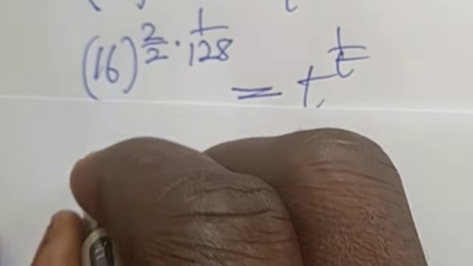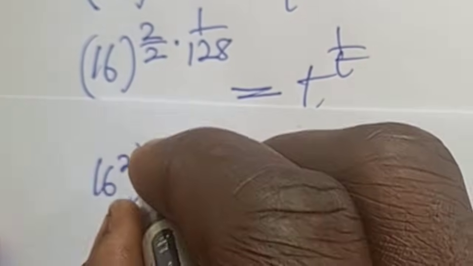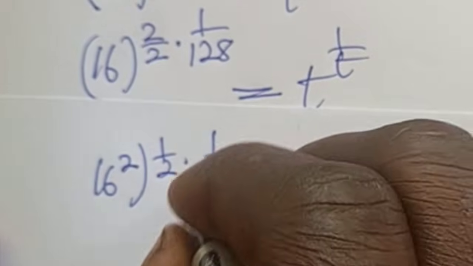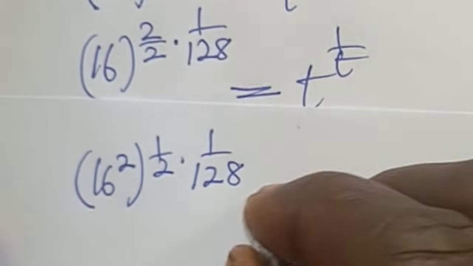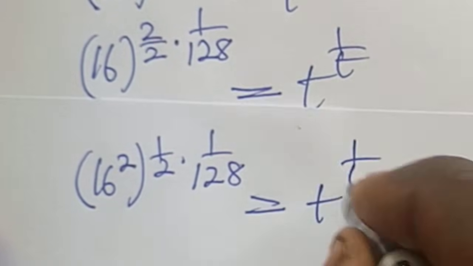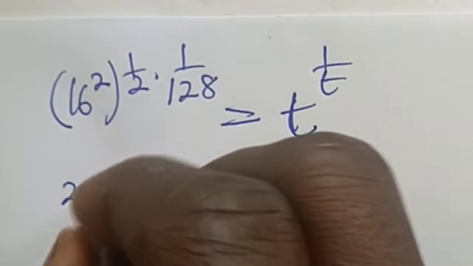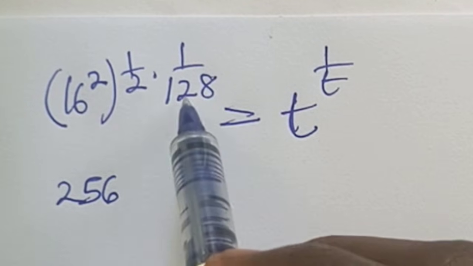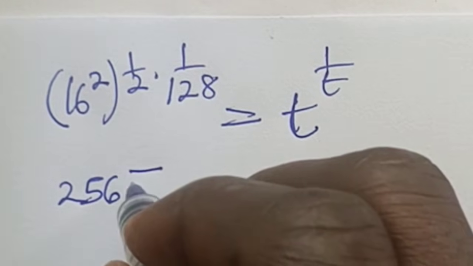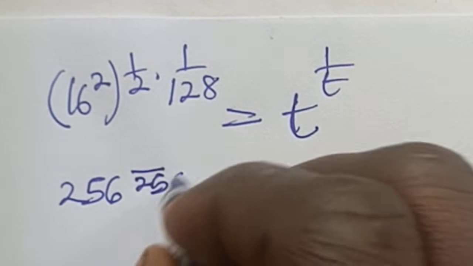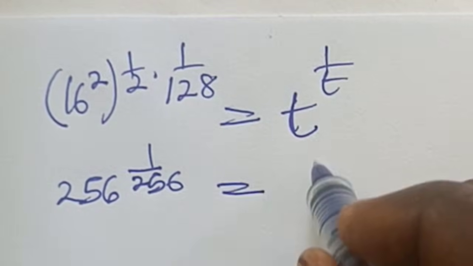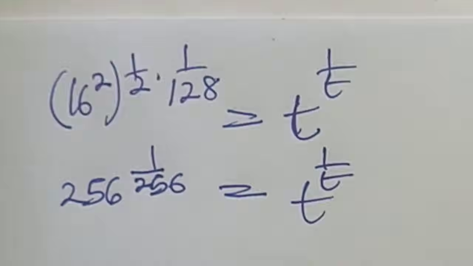So the next line becomes 16 to the power of 2 times 1 over 2 times 1 all over 128, which equals t to the power of 1 over t. 16 to the power of 2 is 256, and 2 times 128 is also 256, which equals 1 over t.